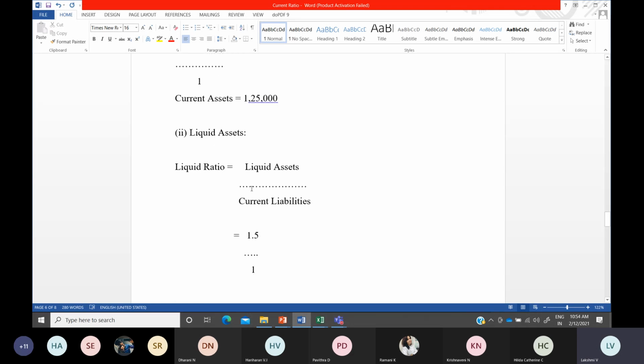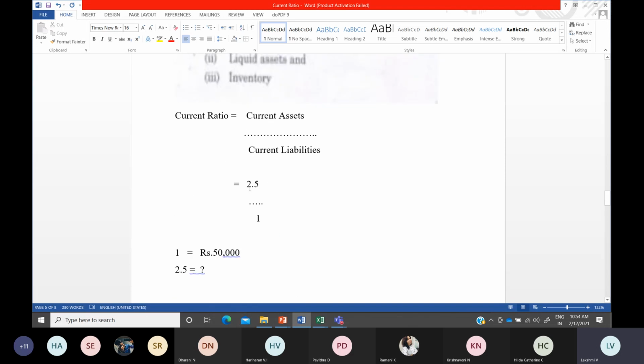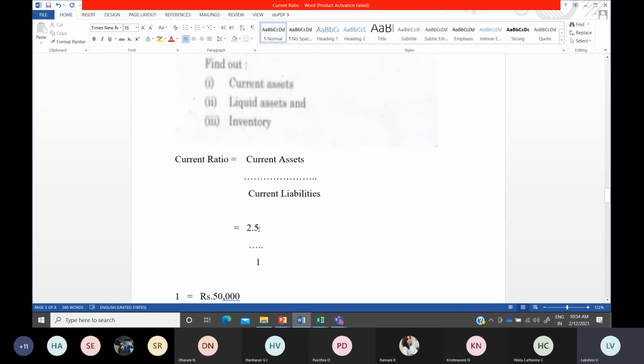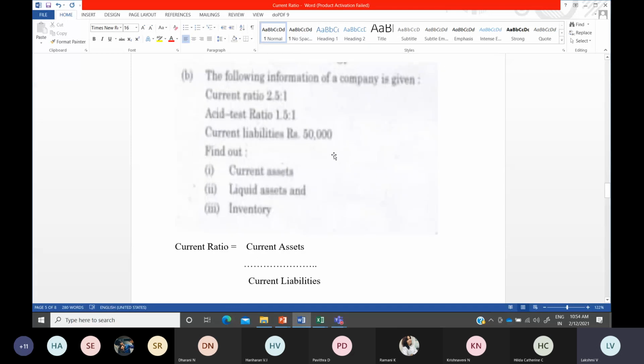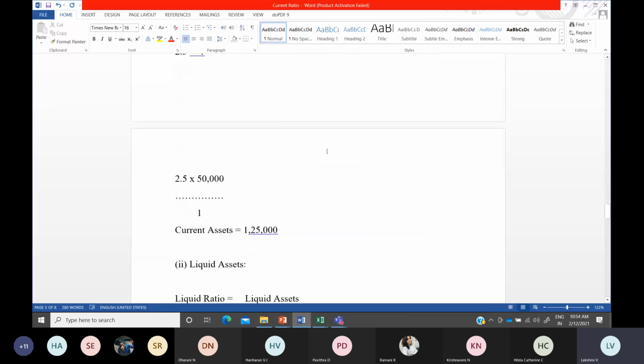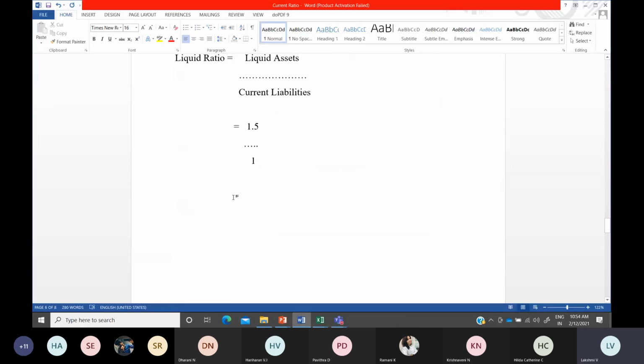Whatever you did last time, that same thing you are going to apply here also. There, current liabilities by default was 50,000. So the same thing you apply here. One is 50,000. So if current liability is 1, then the amount will be 50,000. Now for 1.5, how much?